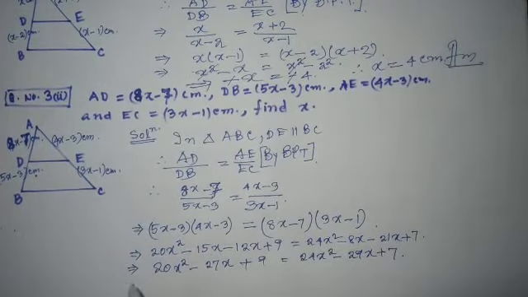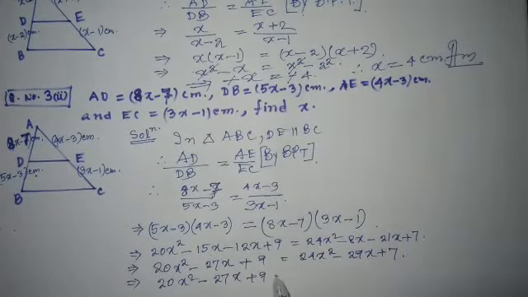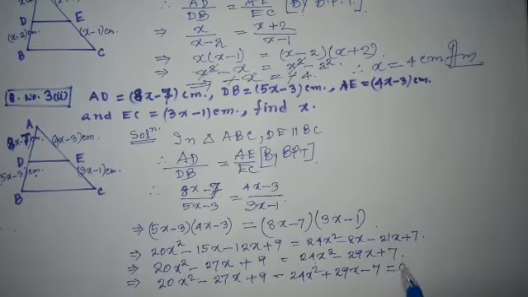Now make the right hand side 0. So it will be 20x square minus 27x plus 9, bring minus 24x square to the left side, plus 29x, bring it to the left side, minus 7 is equal to 0.